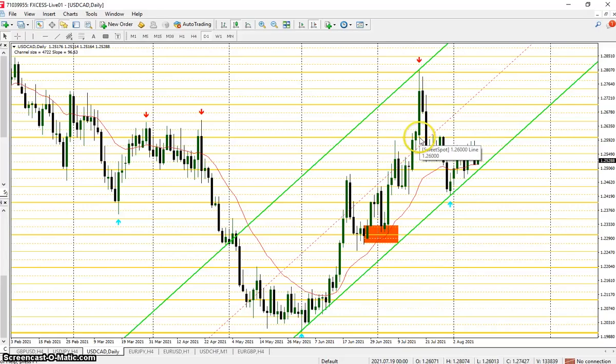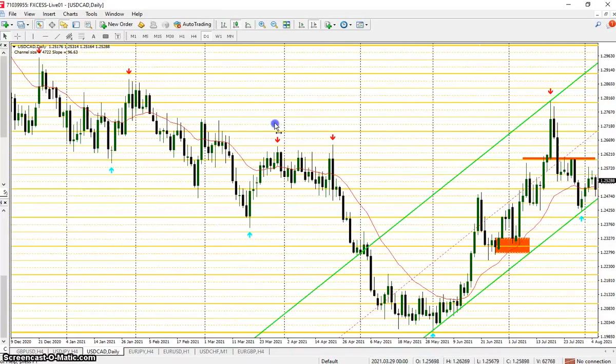Price rejected from this place, went up, came back to this place and then pushed back up, came back, broke that level, support became resistance and pulled back. So this area is an area of support turned resistance.